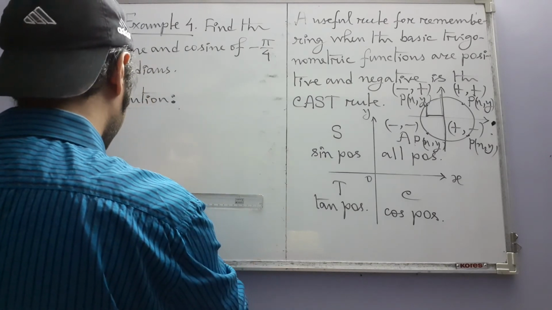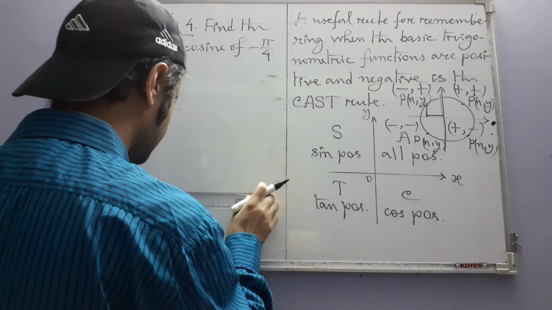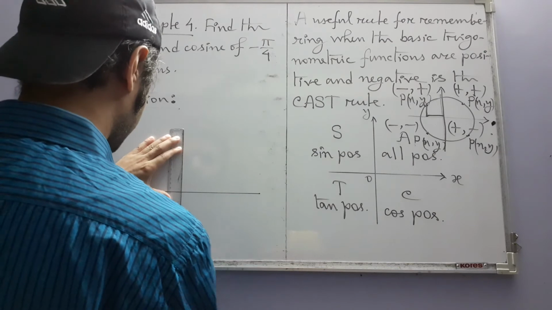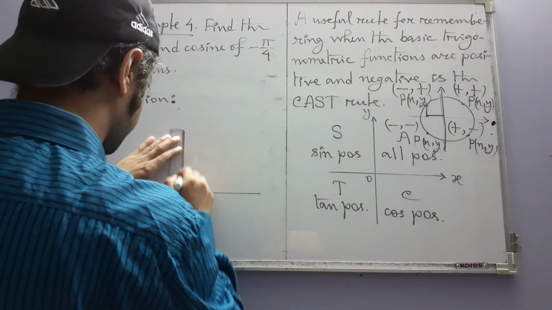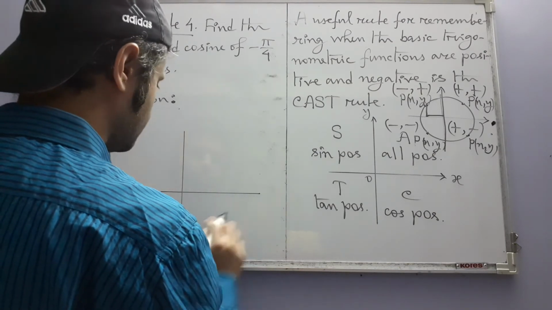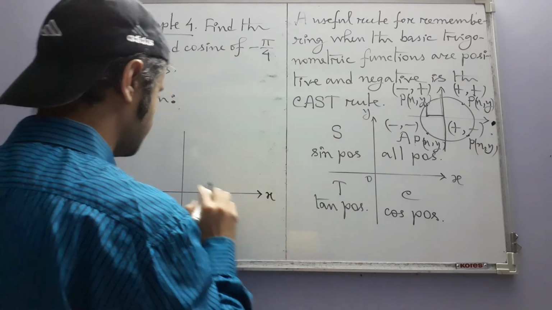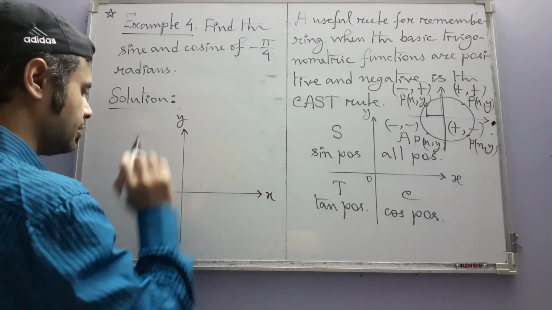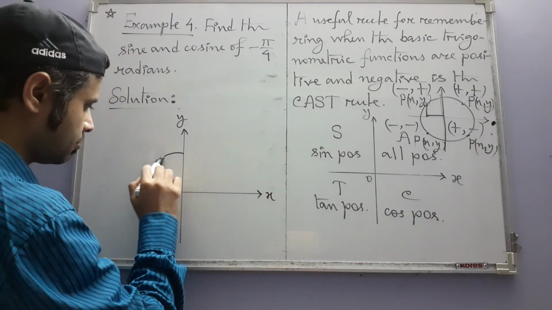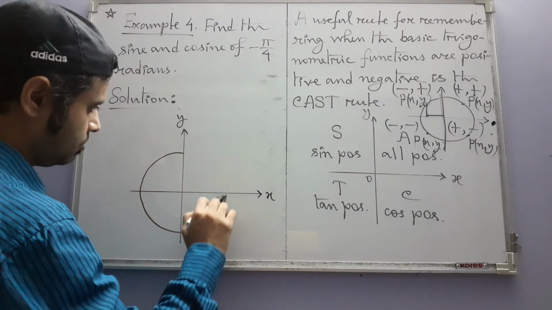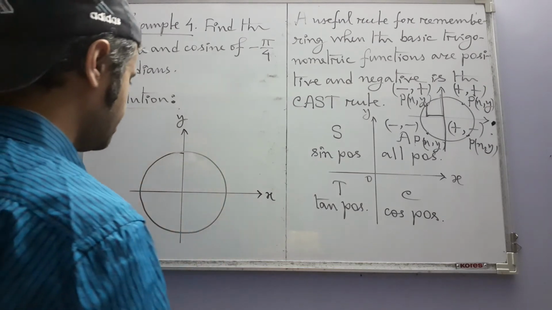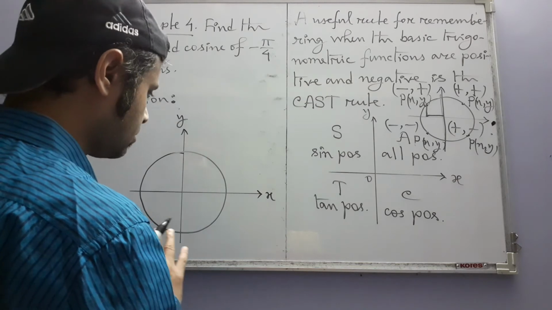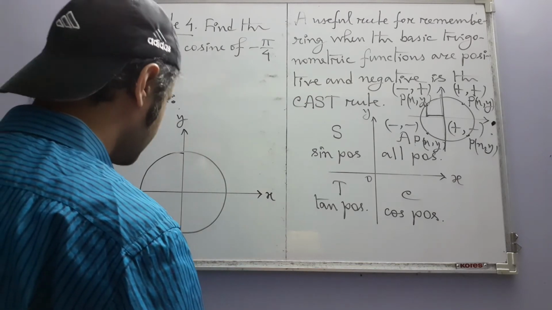In step 1, we are drawing the, first of all, we have the coordinate axis, of course. This is our x-axis, this is our y-axis, and we draw the unit circle. And then we draw the angle in its standard position.